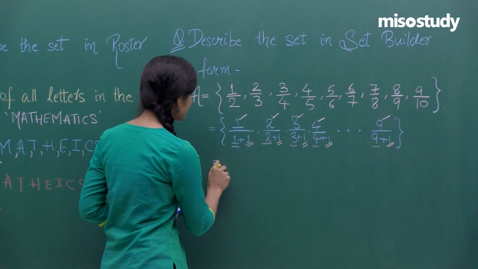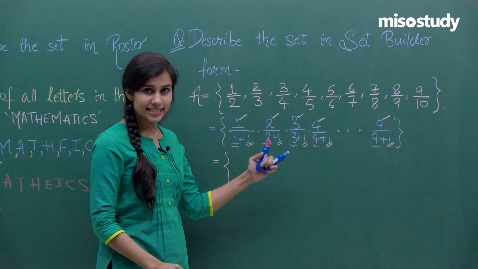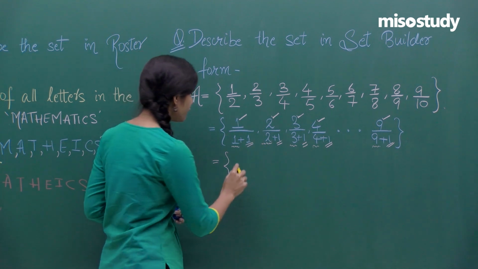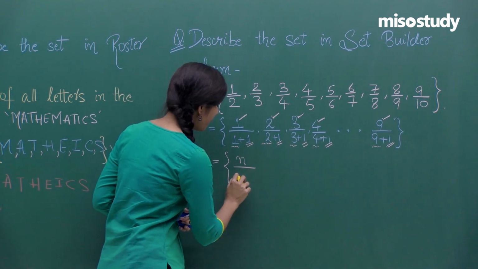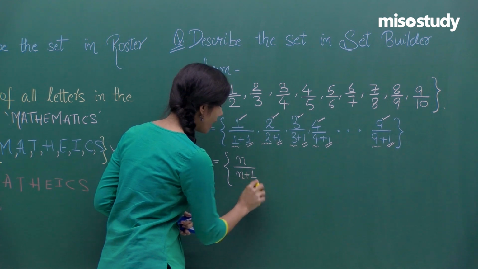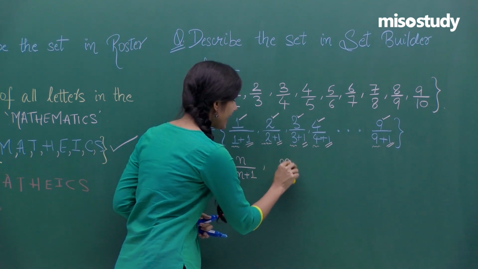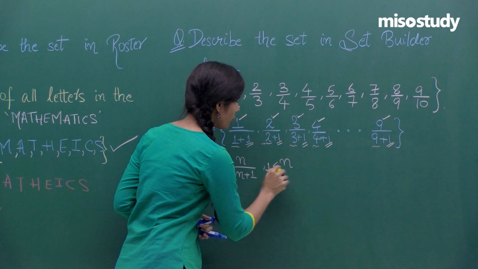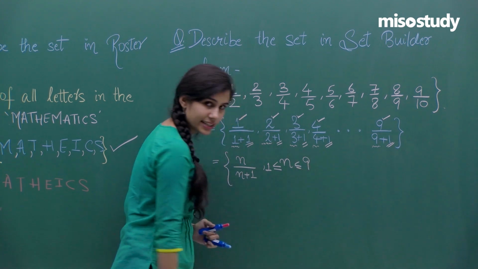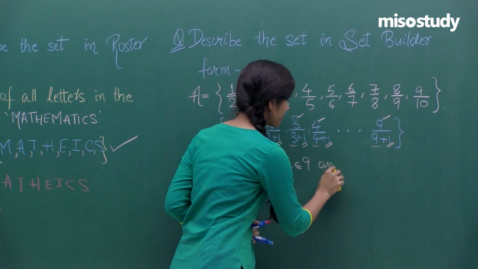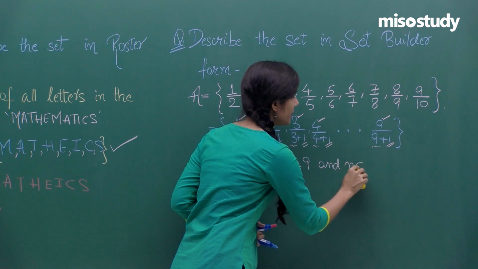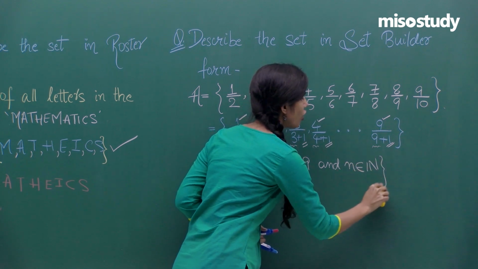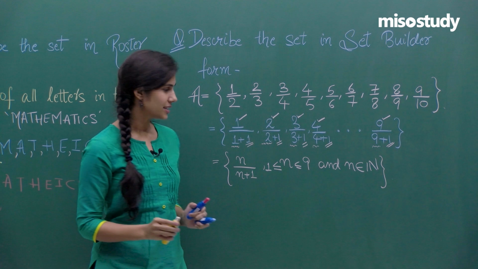The rule is, in this set there are members of the form n upon n plus 1, where n is varying from 1 to 9 and n belongs to the collection of natural numbers.